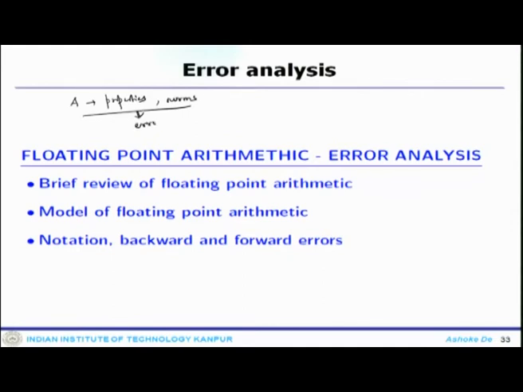The error actually arises during the floating point arithmetic calculations. So, what we will do? We will look at some floating point arithmetic and what is the model for that, and then we can look at some notation and the forward and backward errors which are associated with this floating point arithmetic.